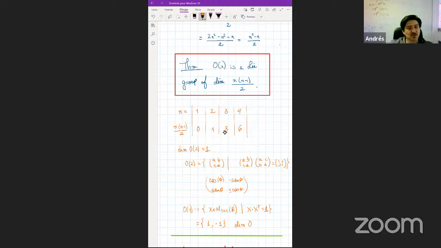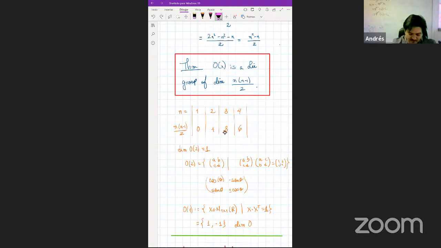Okay, so O2 is basically, looking at this algebraic equation, you can solve it and you can show that O2 is the union of 2 circles. Has 2 components and both of them are circles. Okay, so that's O2.